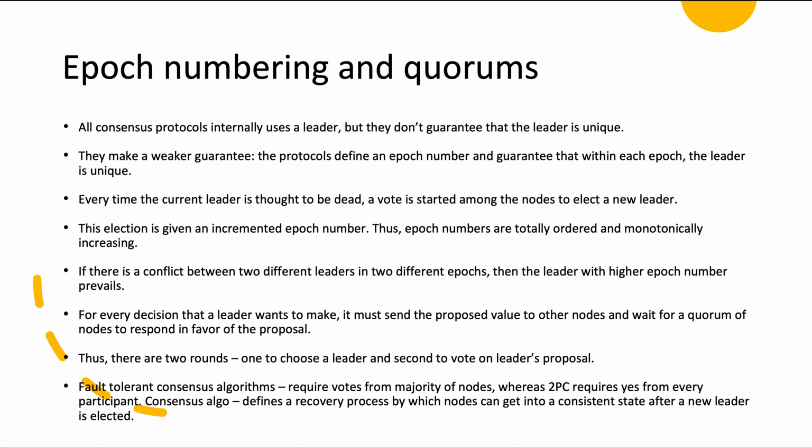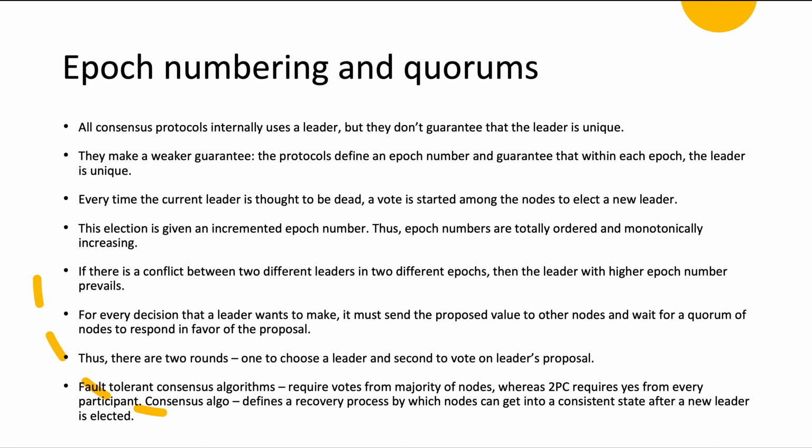Each election is given an incremented epoch number, and the epoch numbers are totally ordered and monotonically increasing. So if there is a conflict between two different leaders in two different epochs, then the leader with the higher epoch number prevails. But before a leader is allowed to decide anything, it must first check that there isn't any other leader with a higher epoch number which can take a conflicting decision.